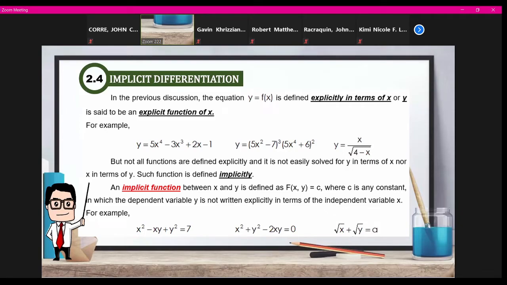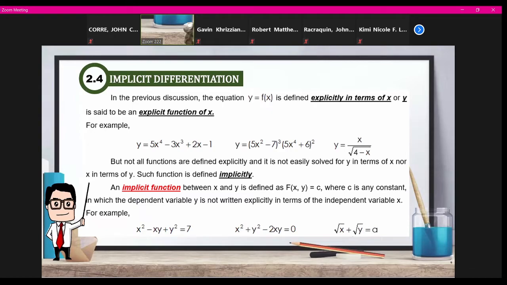Okay, so sa implicit differentiation, in the previous discussion, the equation y equals function of x is defined explicitly in terms of x. So explicit lang siya. Ibig sabihin, para lang kay x. Or y is said to be an explicit function of x.